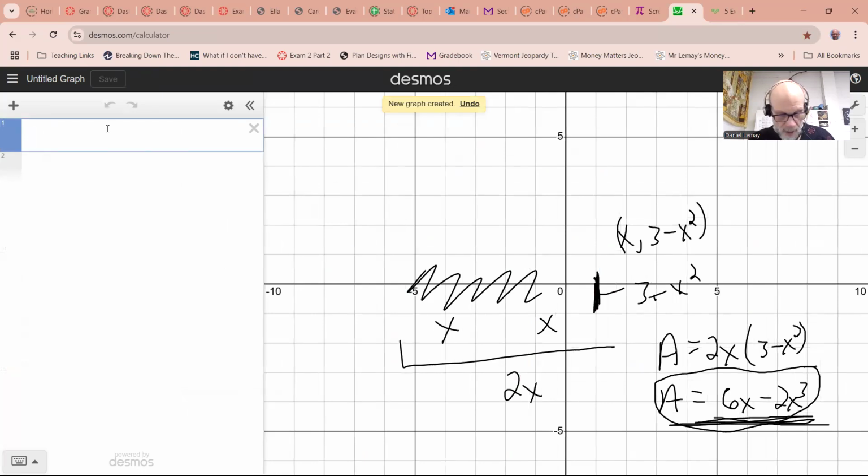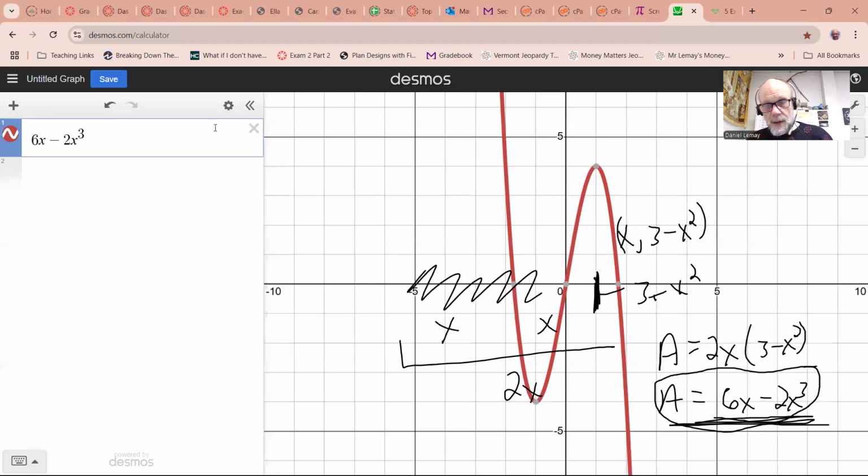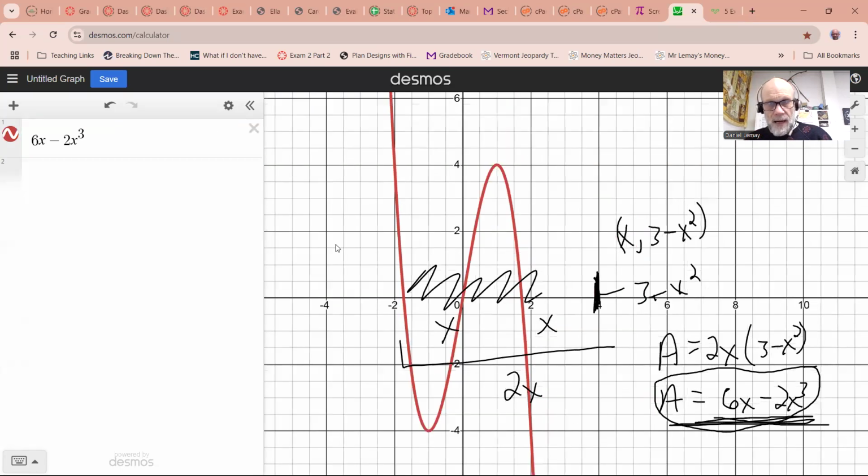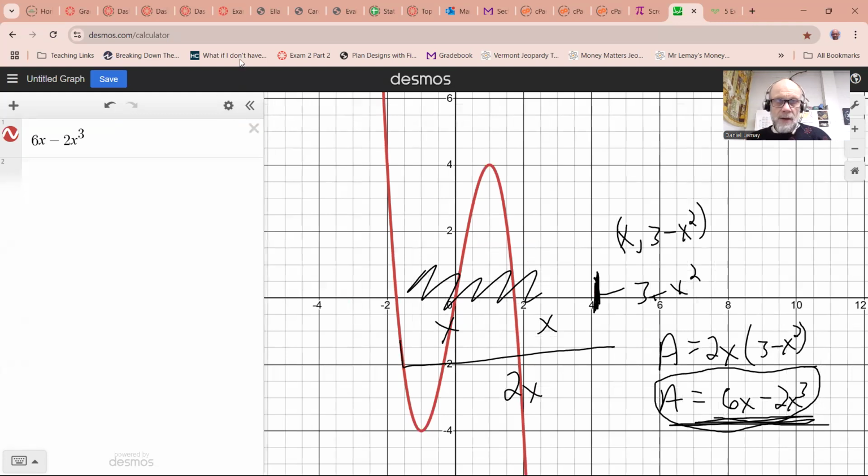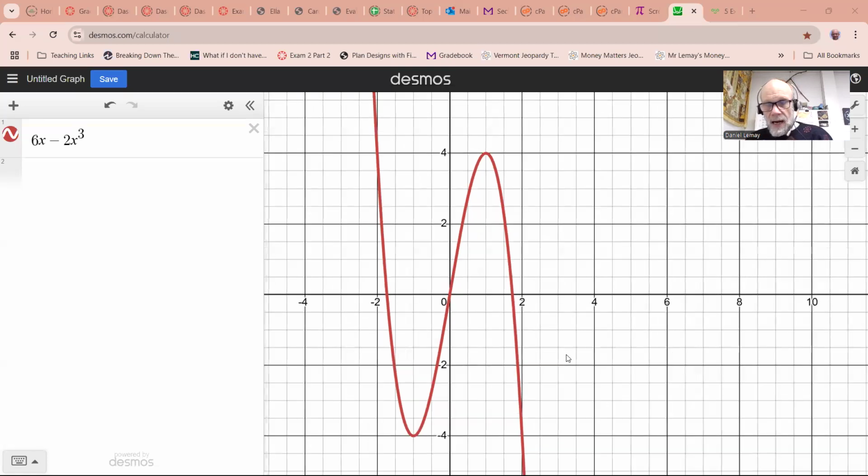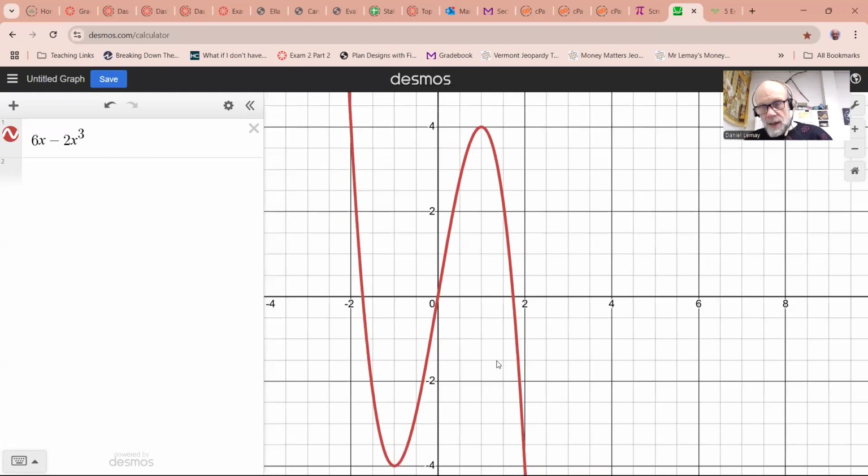The function I want to maximize is 6x minus 2x to the third power. Now we have to worry about the domain.